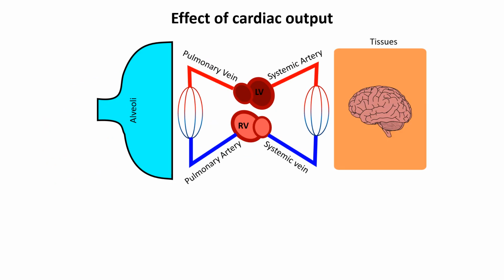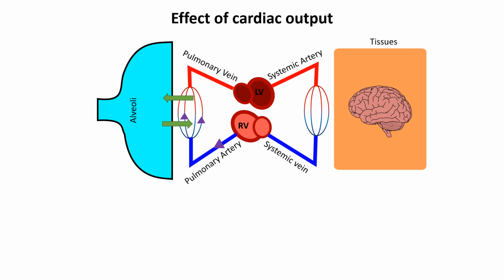The rate of blood flow through the lungs is determined by cardiac output. The right ventricle pumps deoxygenated blood into the pulmonary artery, which delivers it to the lungs. In the lungs, a network of capillary vessels surrounding the alveoli facilitates gas exchange, including the uptake of anesthetics.